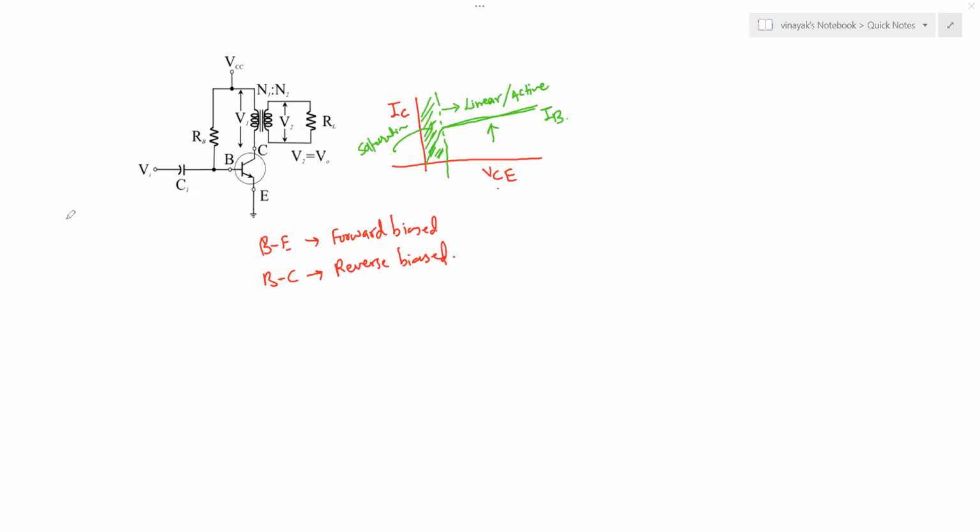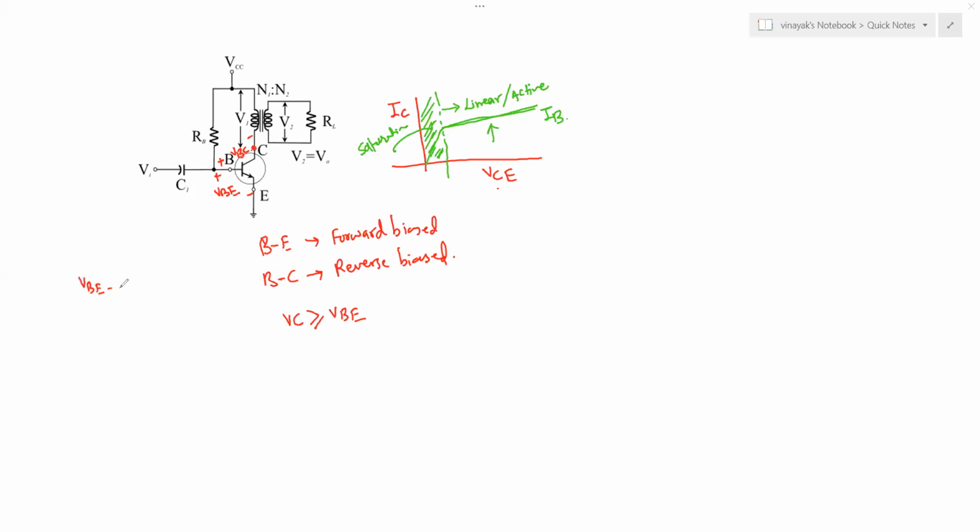In other words, we have to make sure that the voltage at the collector pin is at least greater than or equal to the base emitter voltage of the transistor. So let me write, there is going to be VBE, and here it is going to be VBC.